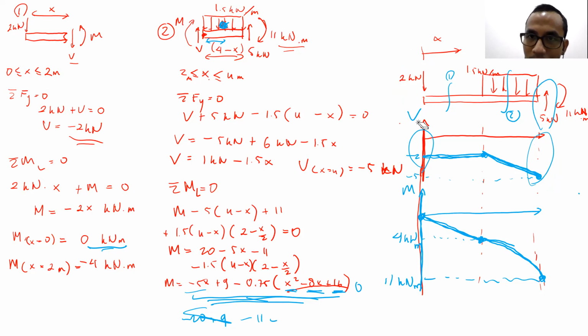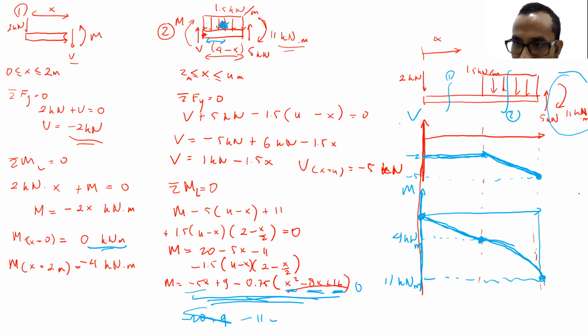The same jump happens as well when we have a concentrated moment. As you can see, we have one concentrated moment at the right edge, 11 kilonewton meter. That is why we have a jump of 11 kilonewton meter at the right edge.